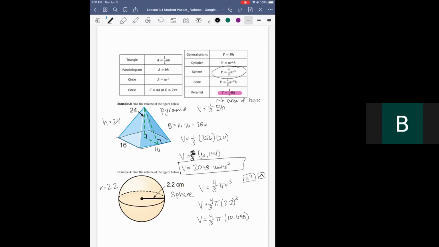And then again, we're multiplying by the numerator and dividing by the denominator. So I'm going to take this number, multiply by 4, and then divide by 3. So our volume is going to be equal to 14.19, so it's going to be 14.2 pi centimeters cubed. You can also multiply it by 3.14, in which case you would get 44.6 cubic centimeters.